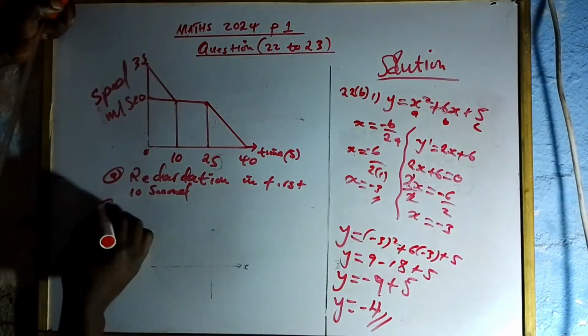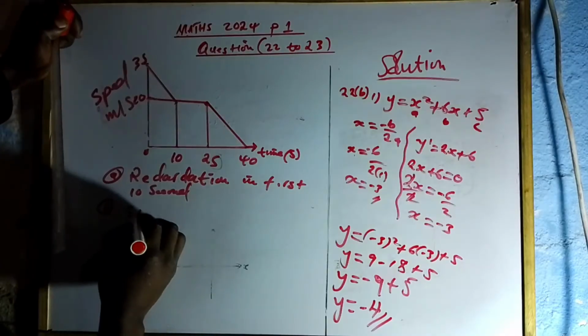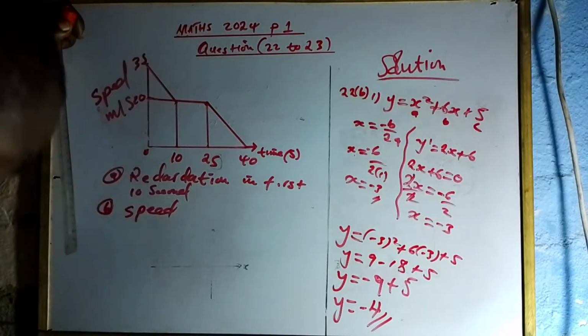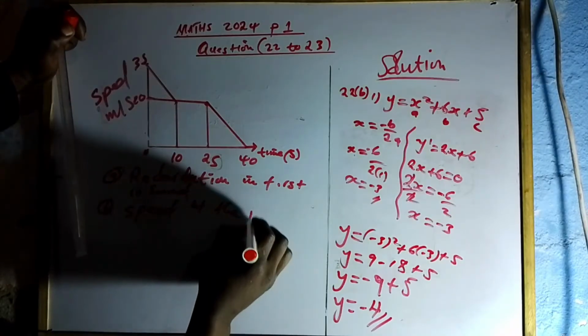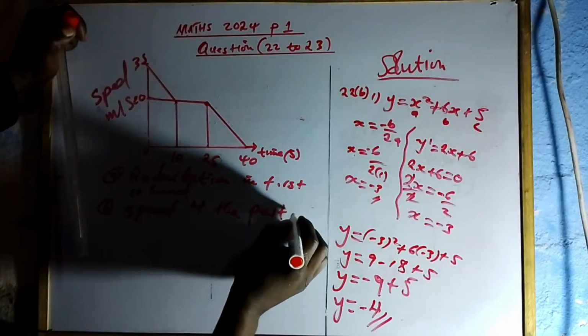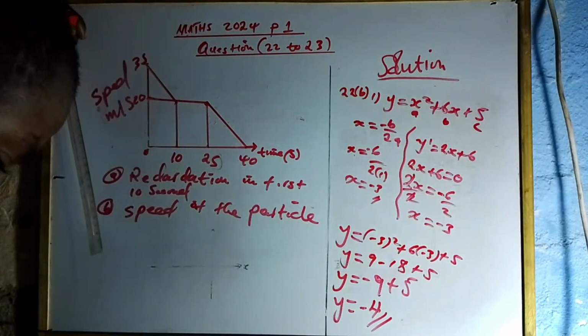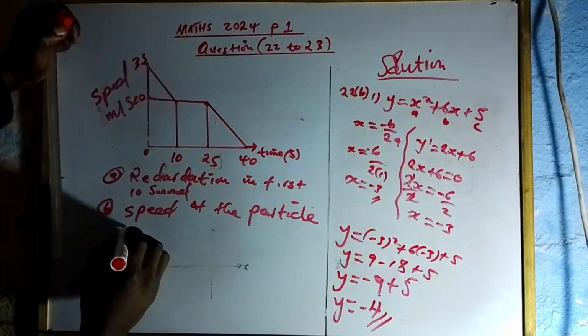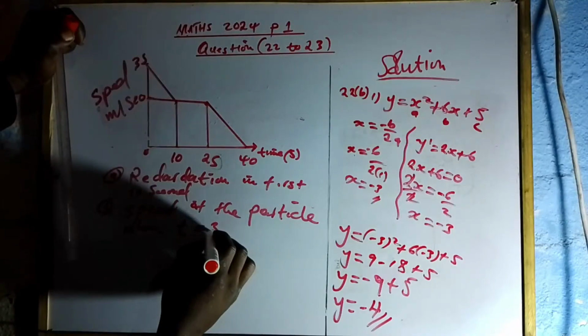Then B, the speed of the particle when t is equal to 31.